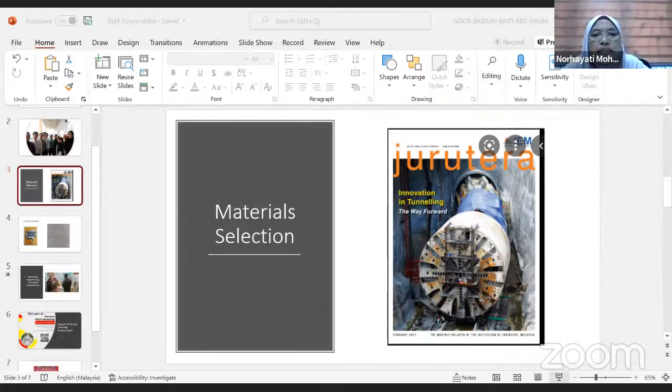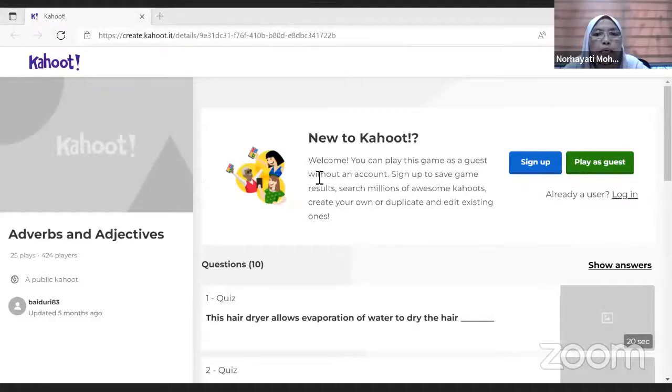No, it's still material selection. Okay, let's stop sharing.